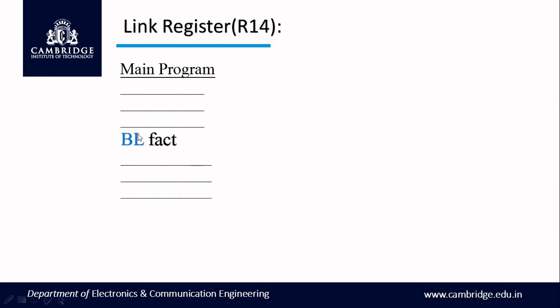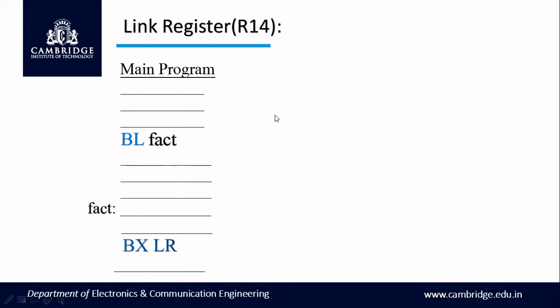So let me say I had call fact. So what would happen once the call instruction is encountered? This new subroutine address, the location in the memory where this factorial program is stored, has to go to the program counter, and the program has to continue its execution from this point because all these instructions are already executed. So this is what is called a return address, the next instruction.